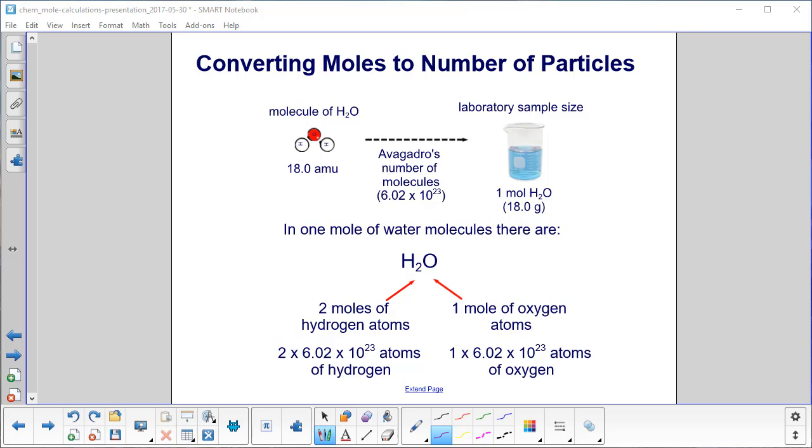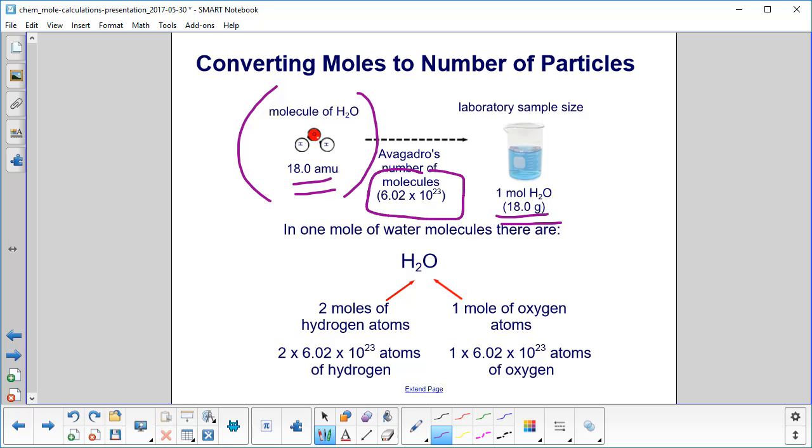Now we're going to convert moles to the number of particles we have. So recall, when we had 1 molecule of water, 18 AMU, in 1 mole of water, which is 18 grams, we had 6.02 times 10 to the 23rd water molecules.